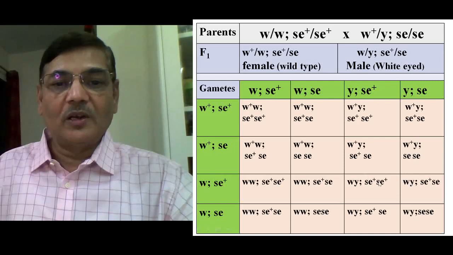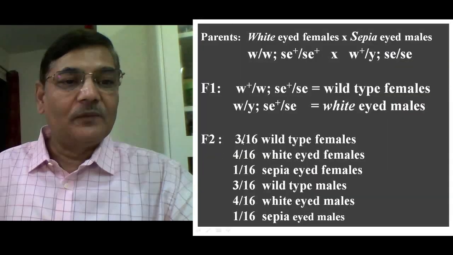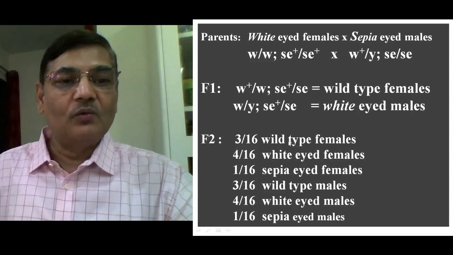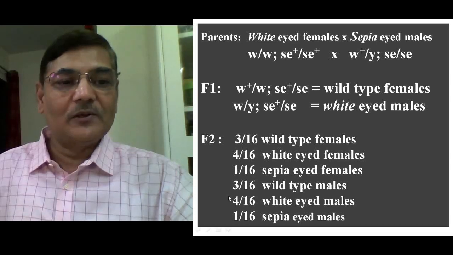And these remaining four cases will be for white-eyed males. So the answer for this question will be, in case of F2, 3 by 16 wild type females, 4 by 16 white-eyed females, 1 by 16 sepia-eyed females, 3 by 16 wild type males, 4 by 16 white-eyed males, and 1 by 16 sepia-eyed males.